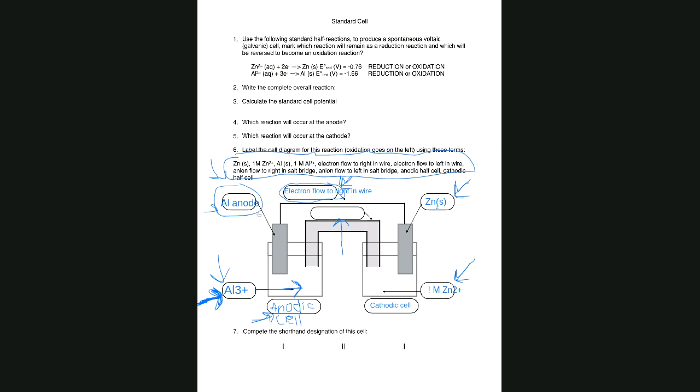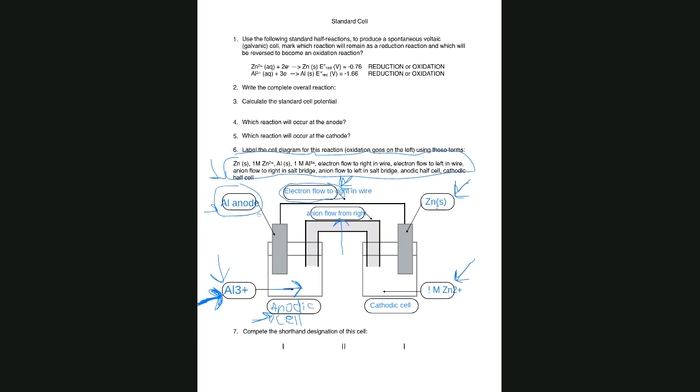But it would be correct to say that anions flow from the right. Then the cations, which is really more important, are going to flow from the left.